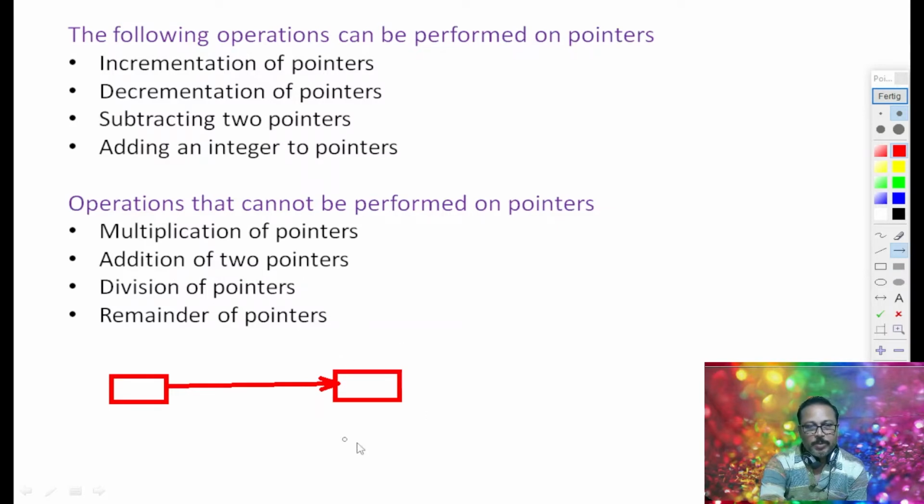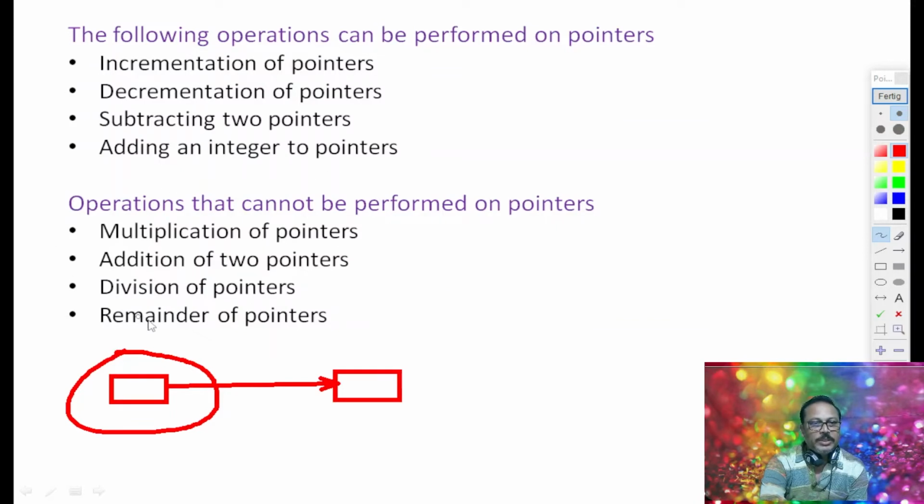The operation on the data it points to depends on the data type, whereas the operations on the pointer are limited. You can increment pointers, that means +1, +2, like that. You can decrement pointers, subtract two pointers, and add an integer to a pointer. These operations you can perform on pointers.